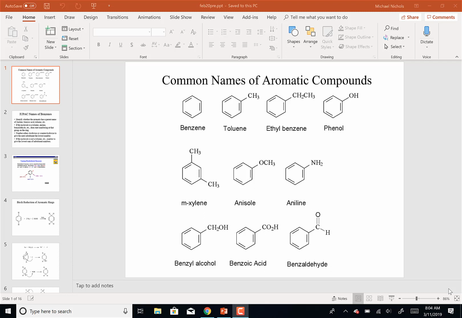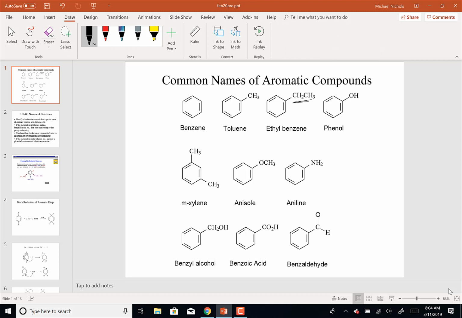So a methyl group is toluene. Anything above a methyl group, an ethyl or propyl, would just be the common name of this group plus the benzene name. There are some substituents that have a particular name, though, like phenol.